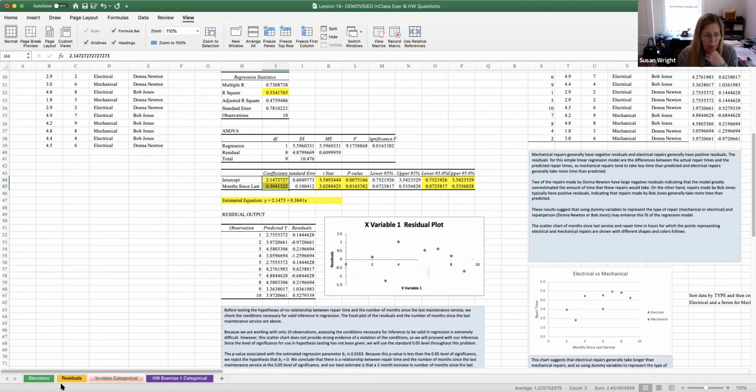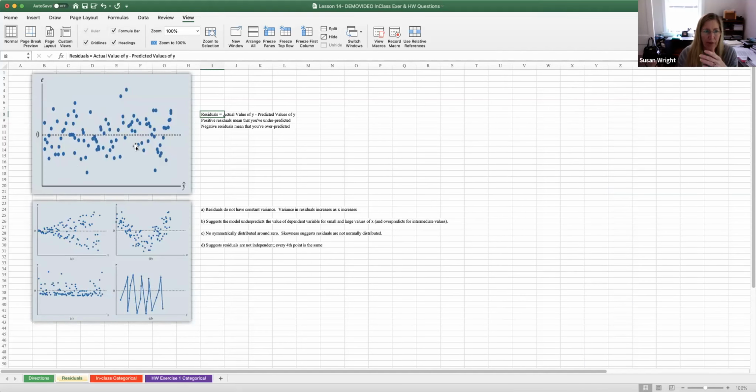And if you remember, I'm going to show you this again, the residuals, you want them to look very random and equally dispersed around 0. So I've given you the 4 criteria that we look for when we want to study the residual plot. So this one violates equal variances across the data. So you got smaller variances back here, bigger variances here.